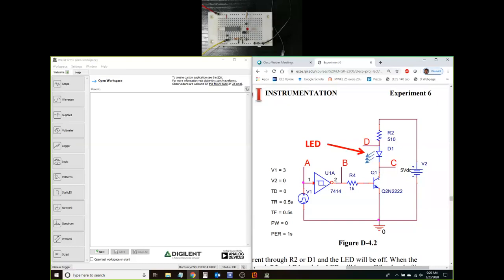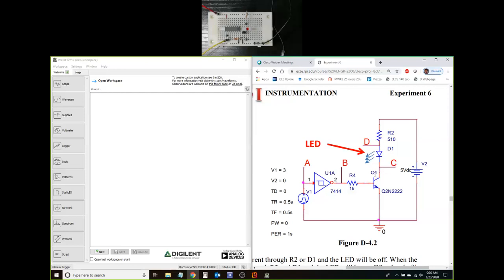When Q1 is off, it is an open circuit, so the collector, point C, is open, a dangling wire, which means that no current will flow through R2 or even the LED, which means that the LED will be off during that time.